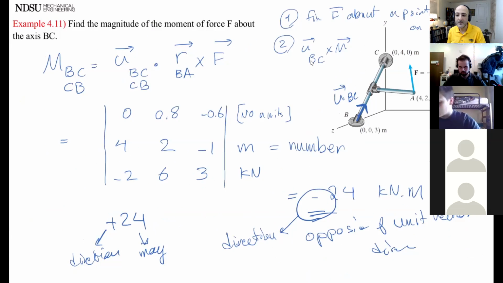When I used RCA, that gave me 4, negative 2, 2, and then when I did the cross product, I got negative 16 for the i value. Then the negative 16 times the dot product with the unit vector gives me negative 12.8. 12.8 or 24.8?